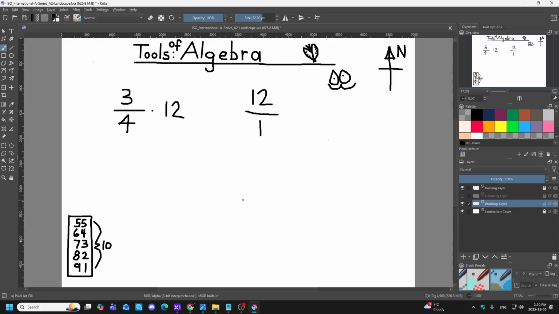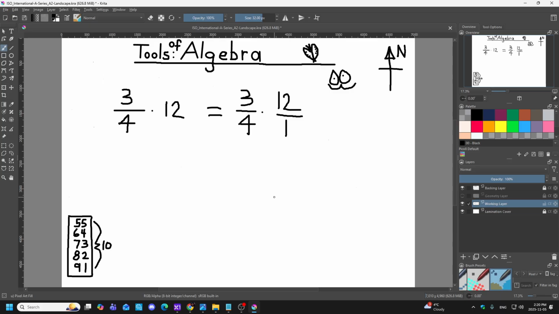Okay, so I can rewrite this problem (3/4) multiplied by 12 divided by 1.